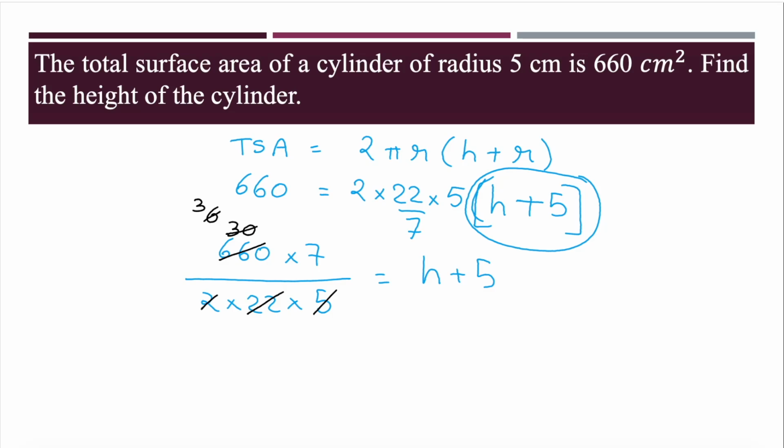So you are left with 3 into 7, 21 equals h plus 5. So height of cylinder is 16 centimeters.